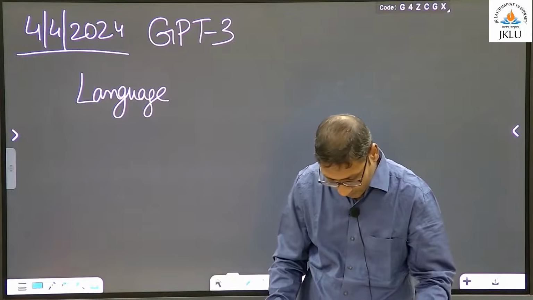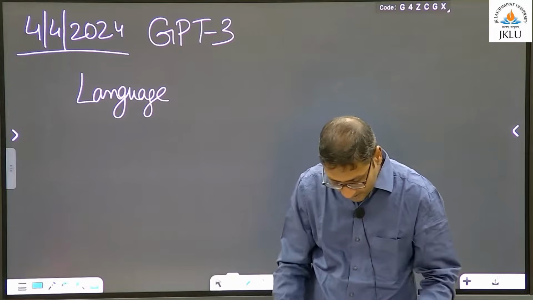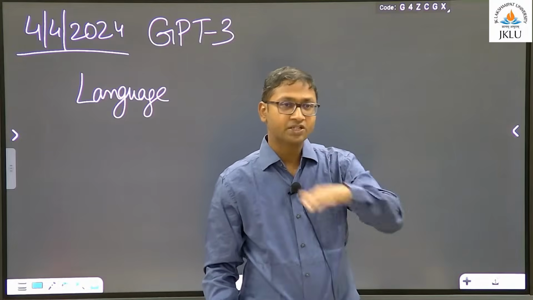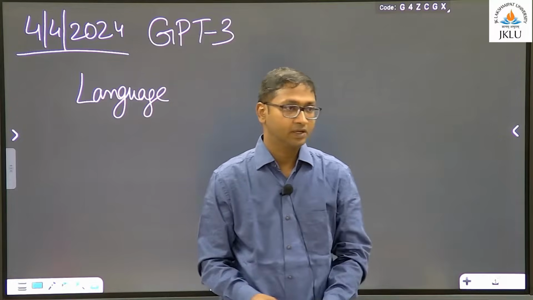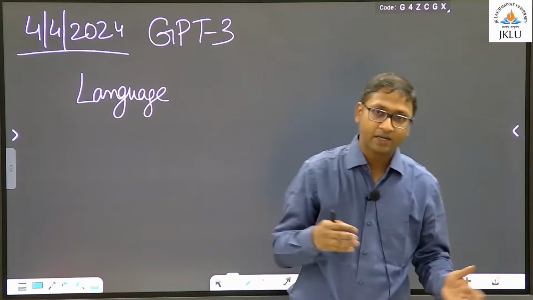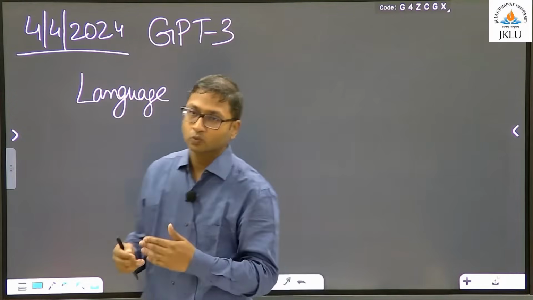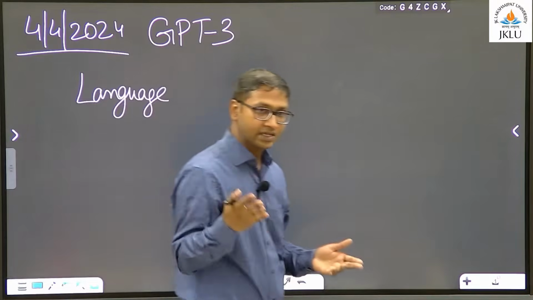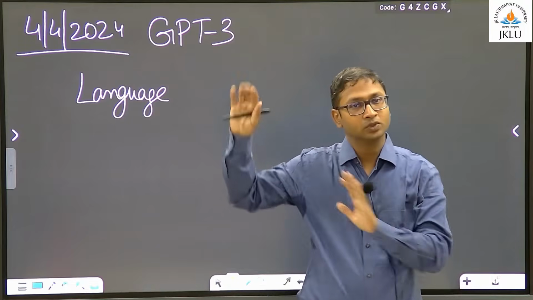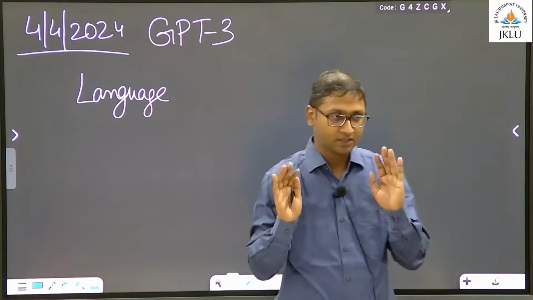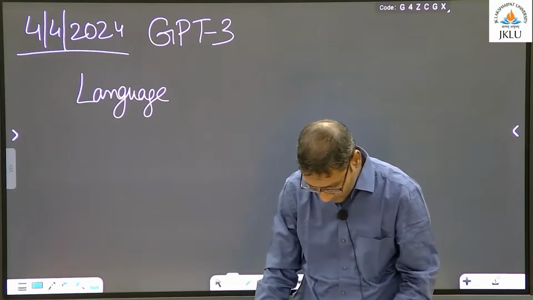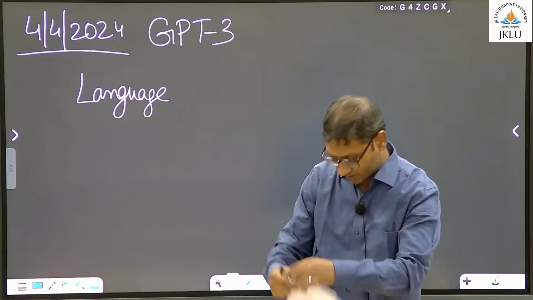So the biggest takeaway of T5 is what? This unification of tasks, right? There are so many different tasks in NLP like summarization, question answering, translation. They are able to make a unified task from all these tasks. This is the main takeaway. So let me see. Yeah, so they have this table.